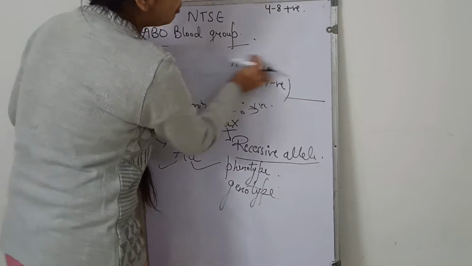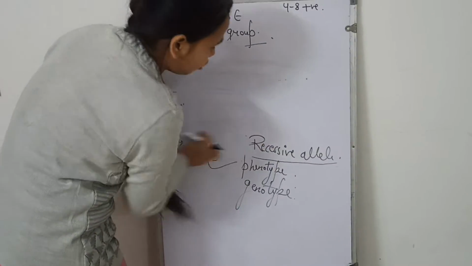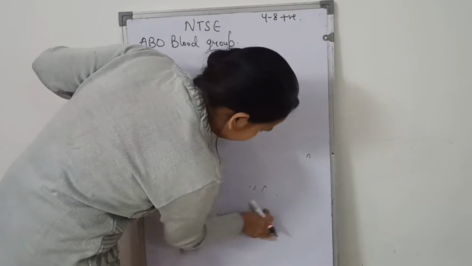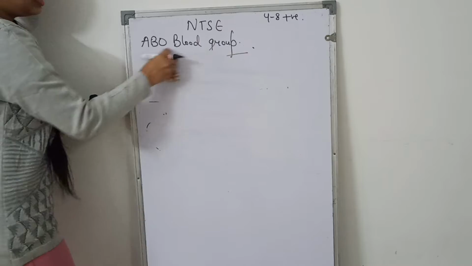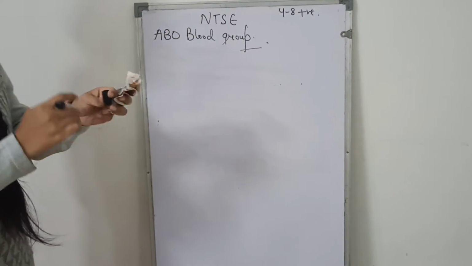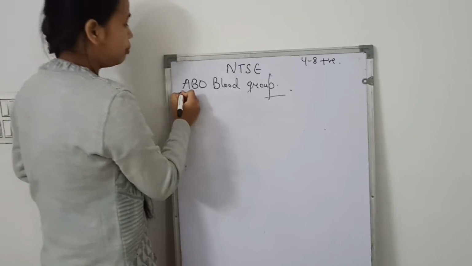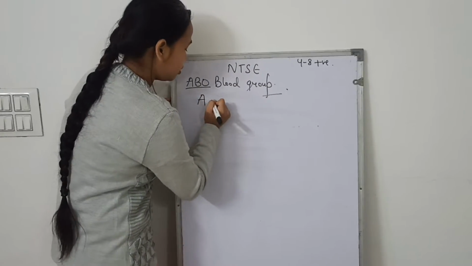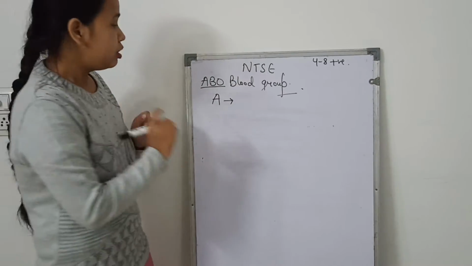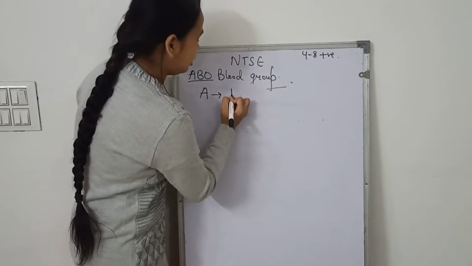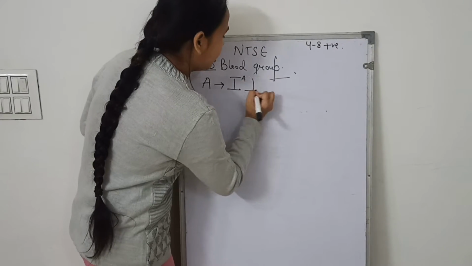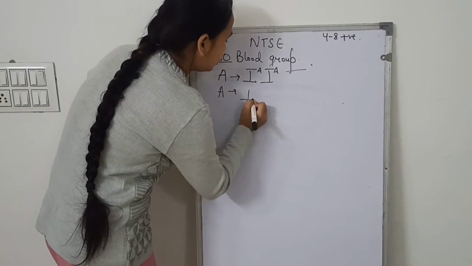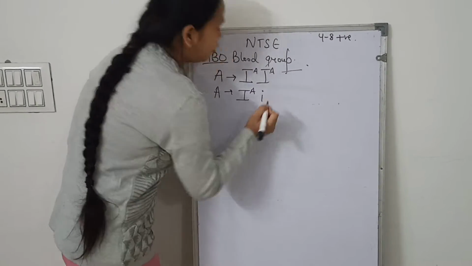So this is the overview of the topic: they follow codominance and there is a recessive allele. So let's discuss the genetic crosses involved in ABO blood group. Suppose I am talking about blood group A. Blood group A will have genotype either IA IA or IA i.